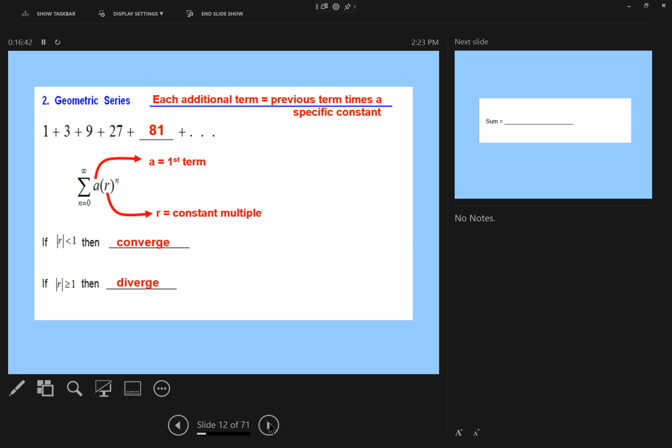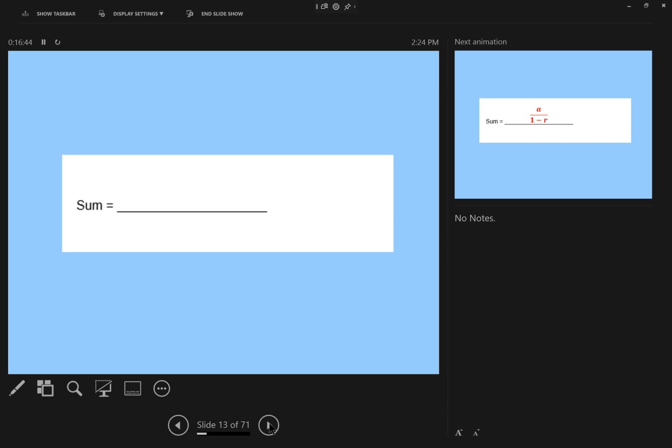So that means, well, what if it does converge? We need to know how to find the sum. And by the way, whenever you get to a problem on the AP exam that says find the sum of the series, it's usually always geometric because this is the one specific, nice, neat sum formula we have. Most of them, we don't have a nice, neat sum formula.